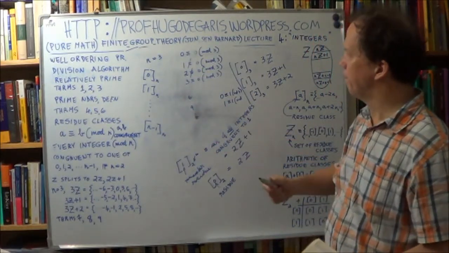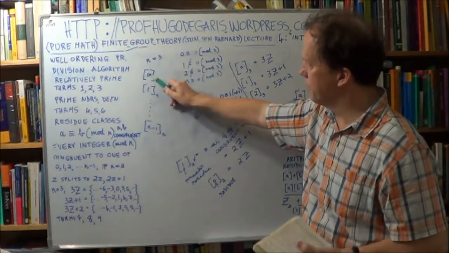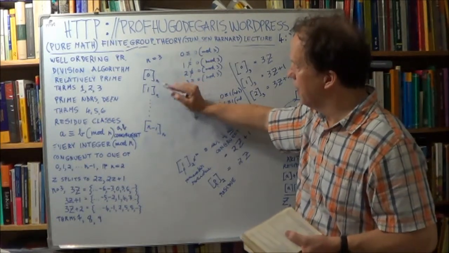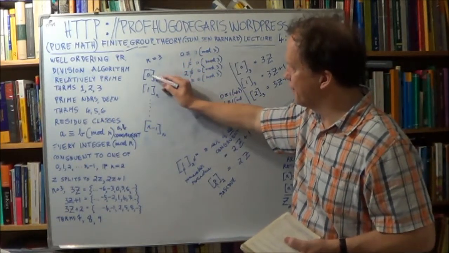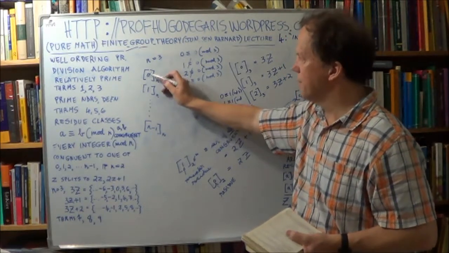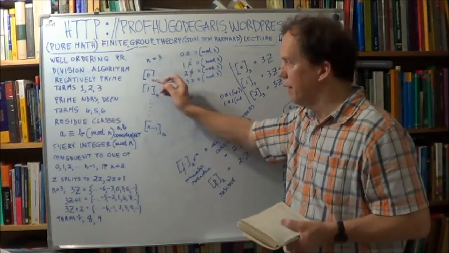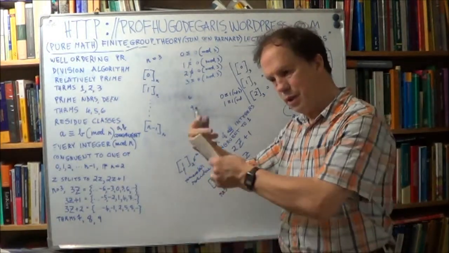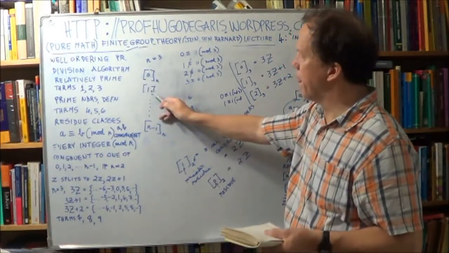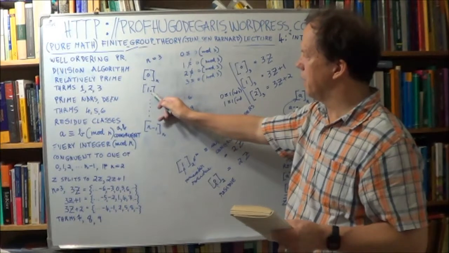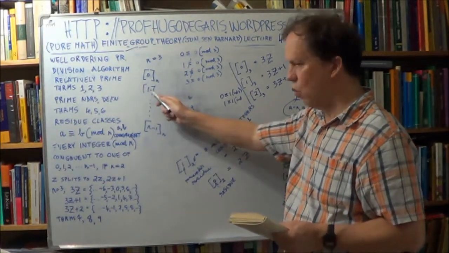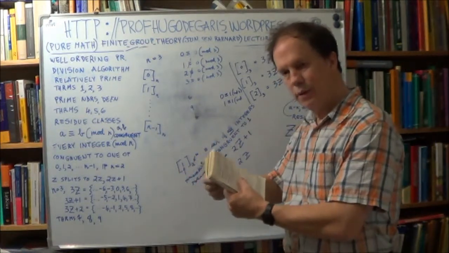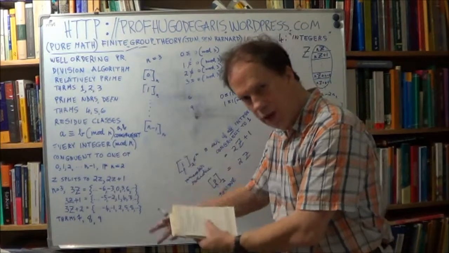This is the set, or the residue class, of all integers that are congruent to 0 mod n. So this set consists of, if you think about it, 0, plus or minus n, plus or minus 2n, plus or minus 3n, and so on. This one would be the set of 1, and then 1 plus or minus n, and then 1 plus or minus 2n, and so on.